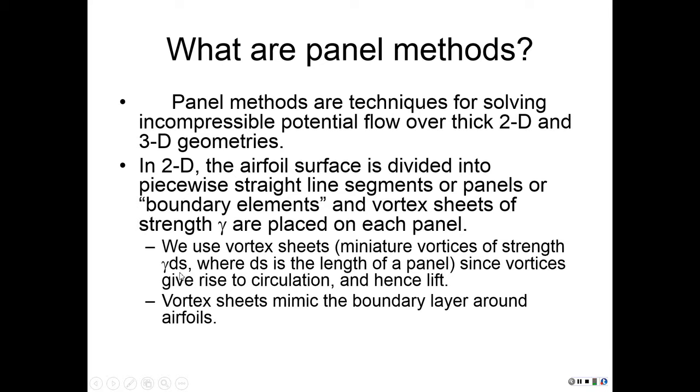So gamma times delta S is called a circulation. It has units of velocity times distance. There is a theorem called the Kutta-Joukowsky theorem that says if you don't have any circulation, you cannot have any lift. So vorticity is what produces lift. Our vortex sheet basically mimics what's going on inside the boundary layer over the airfoil.